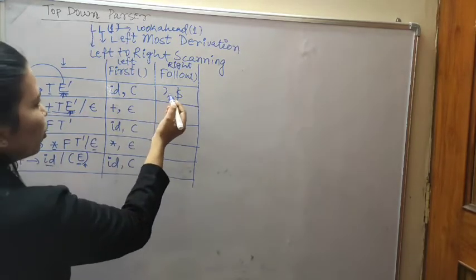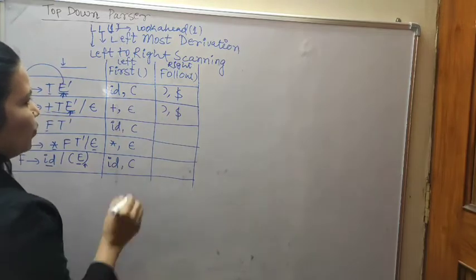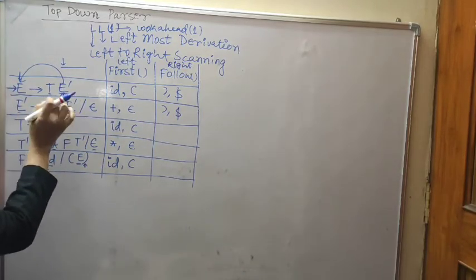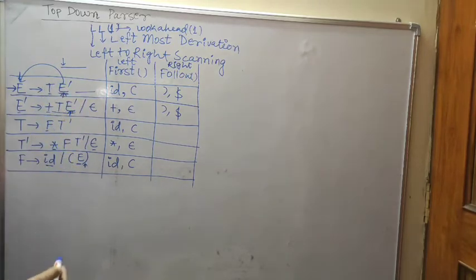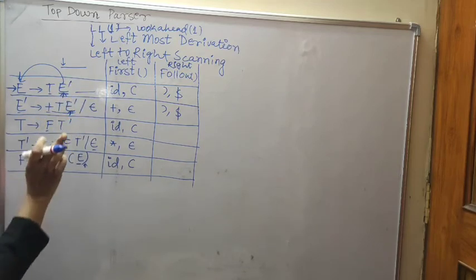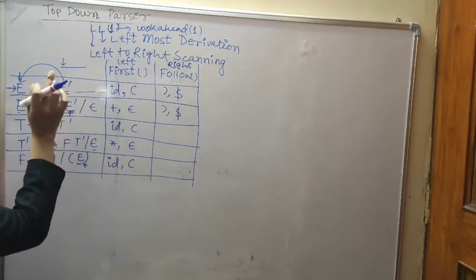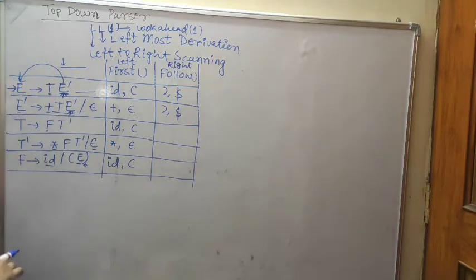So what is the follow of E? Close braces and dollar. E dash is at the ending, so no variables or letters are given after it. If any letters were there, we would take the first of that letter, but it is not provided here, so we go to the left side.